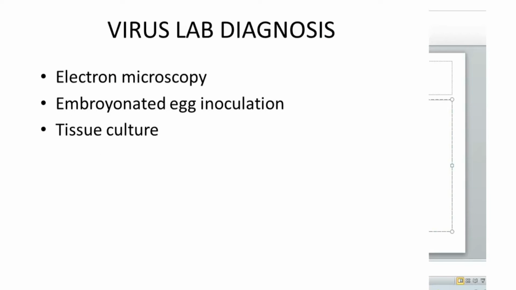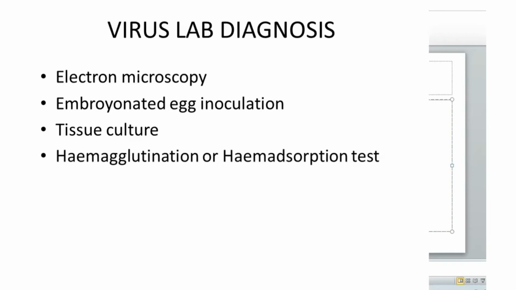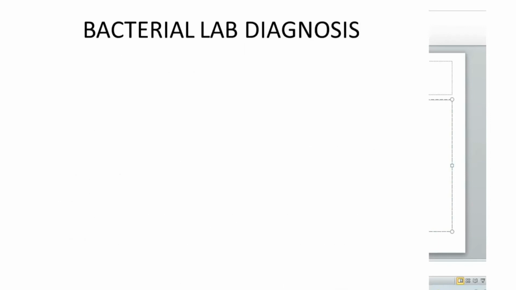Tissue culture is also useful for growing these viruses. The embryonated egg is very useful, especially when you want to do the hemagglutination test and the hemadsorption test. There is also the ELISA, which is a serological test done to confirm, and the PCR, all for viruses.